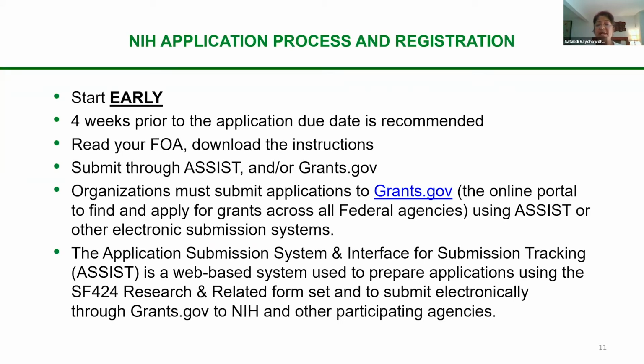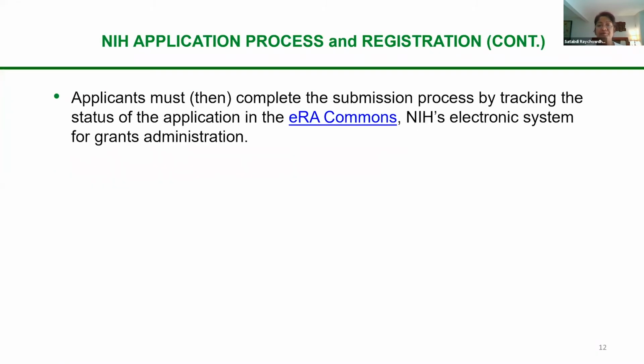Organizations must submit applications to grants.gov using Assist or other electronic submission systems. The application submission systems and interfaces for submission tracking. Assist is a web-based system used to prepare your application package in SF424 and submit electronically through grants.gov to NIH and other participating agencies.